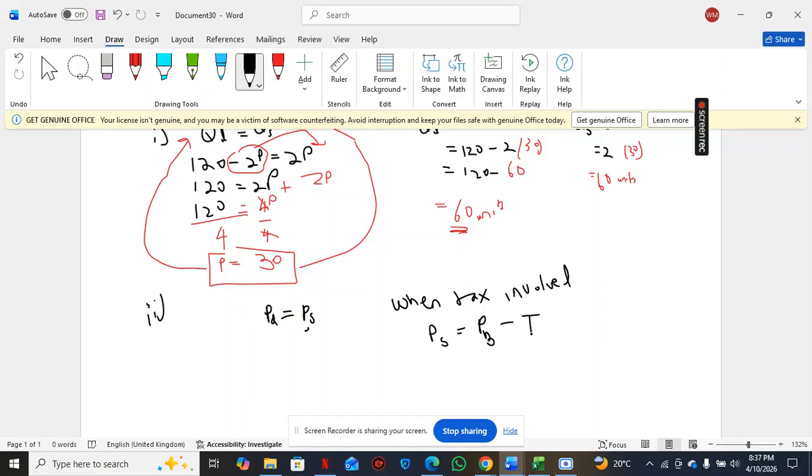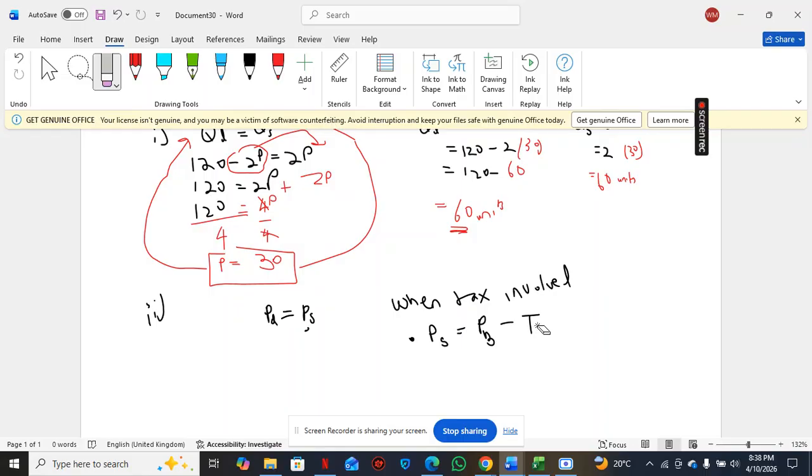So when you pay that, the value added tax goes to government, the remainder of the money goes to the supplier. So this is the first thing you need to do. When a tax is involved, you write this equation: PS equals PB minus T. PS, the money the supplier receives. PB is the money the buyers pay. So the money the supplier receives is what the buyers pay minus the tax. I hope we're okay with that.